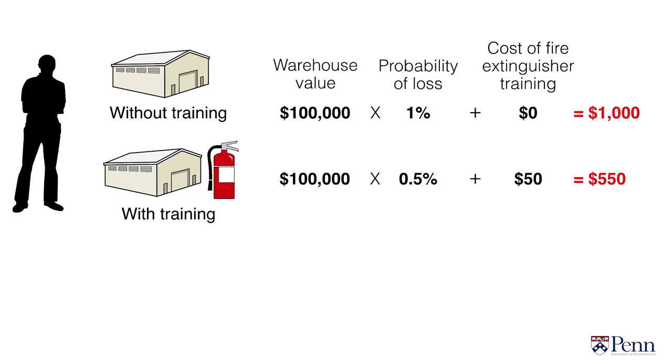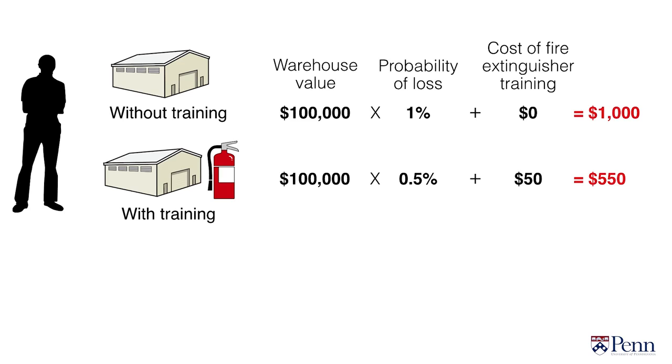So together, the expected loss is $550. Providing training lowers the expected loss from $1,000 to $550. So exposure to risk leads the owner to be proactive about mitigating it.